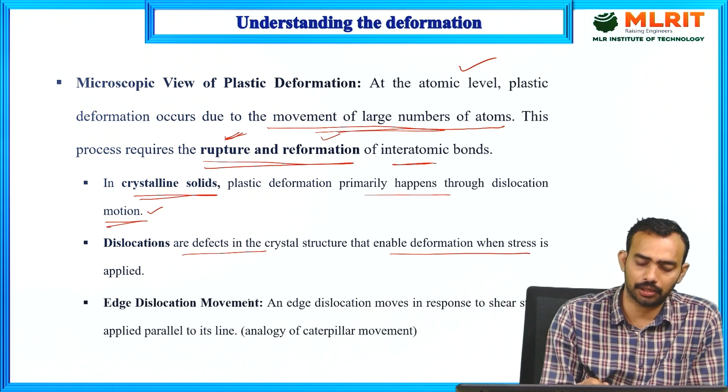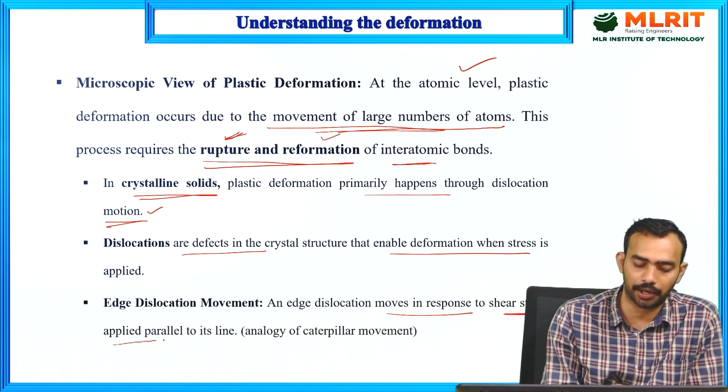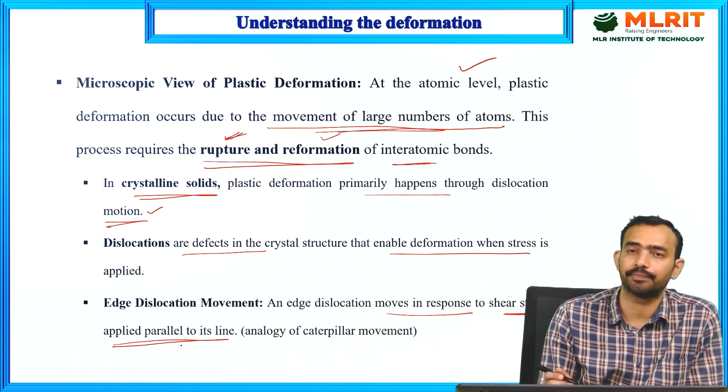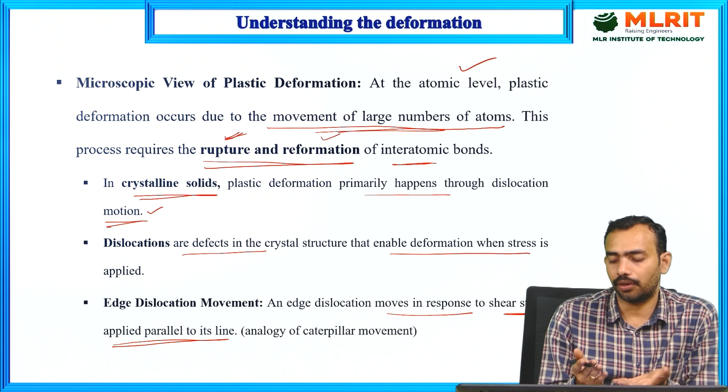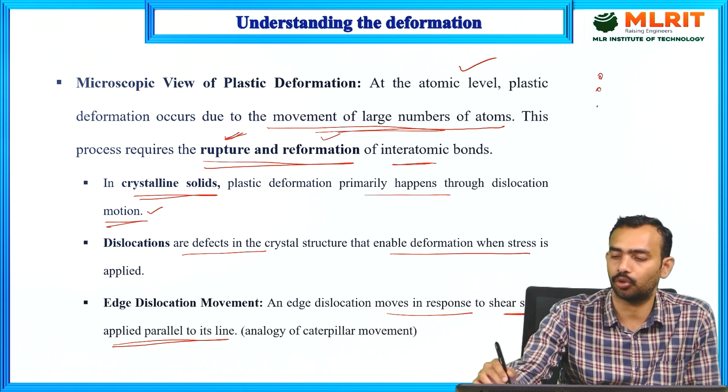If you see the edge dislocation movement, an edge dislocation moves in response to the shear stress applied parallel to its line. What is an edge dislocation? You have a group of atoms here, and an extra plane of atoms is considered.